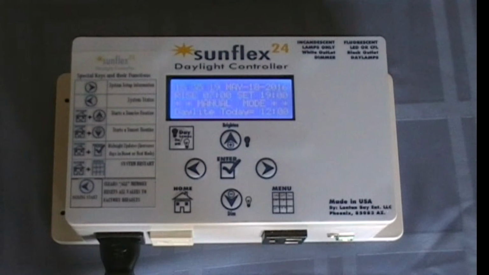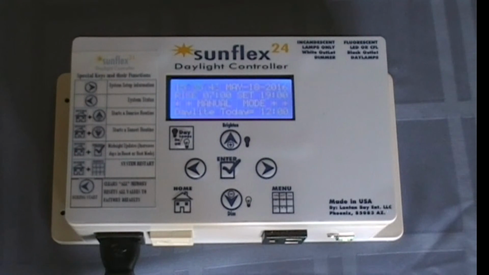Same scenario, except that the power comes on at 10:15 in the morning. Well, it is now past sunrise. Therefore, the system does a quick sunrise, skips over the sunrise duration. However, it does an accelerated, simulated sunrise and turns the lamps back on.